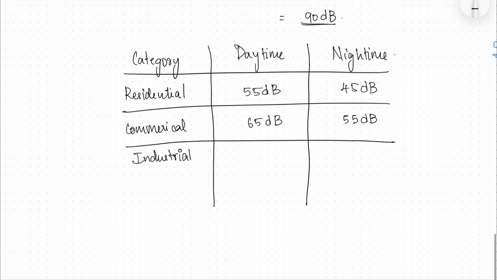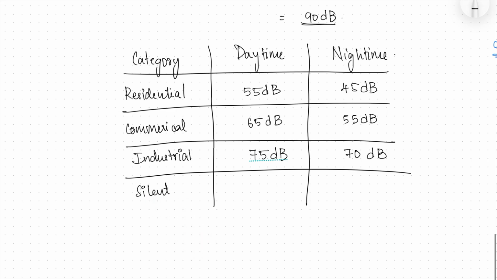In daytime it can be 75, and in nighttime it can be 70. And lastly, you have silent zones like buffer areas. In a silent zone you have 50 decibels in daytime, and in nighttime you have 40 decibels.